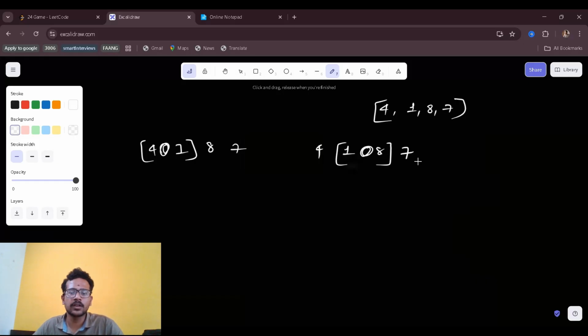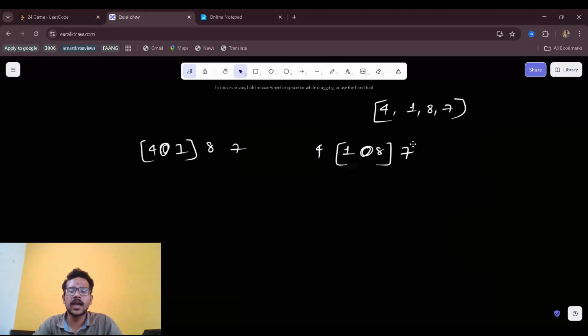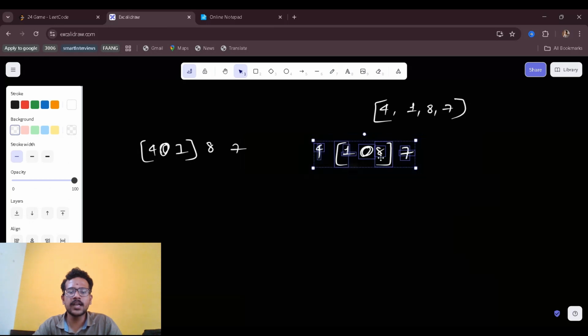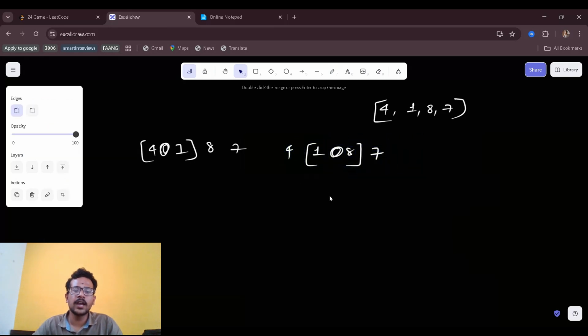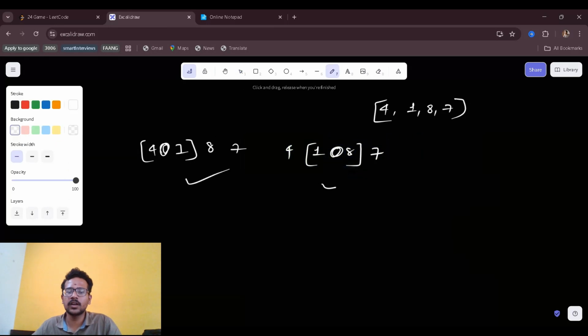Now I have 7. I will also place operators here, but let us wait on how we can solve this. So firstly I got this one, and second I got this one. Now instead of taking these two, can I take these two? Yes. So instead of taking 1 and 8, I am taking 8 and 7.